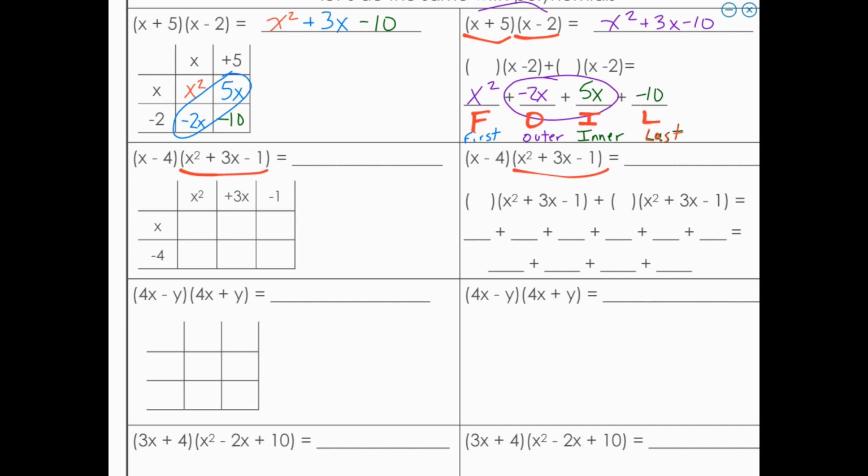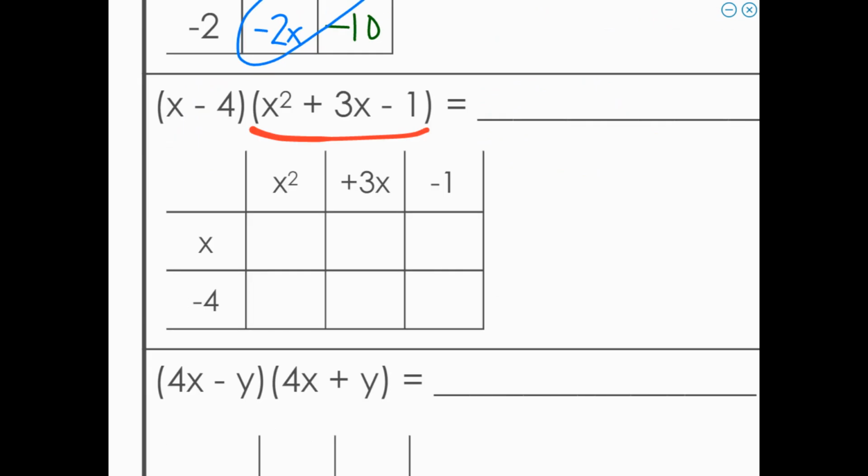So what is going to go in this first box here? 1 times 1, which is still just 1, and x cubed, because you've got x times x squared, because we're multiplying.